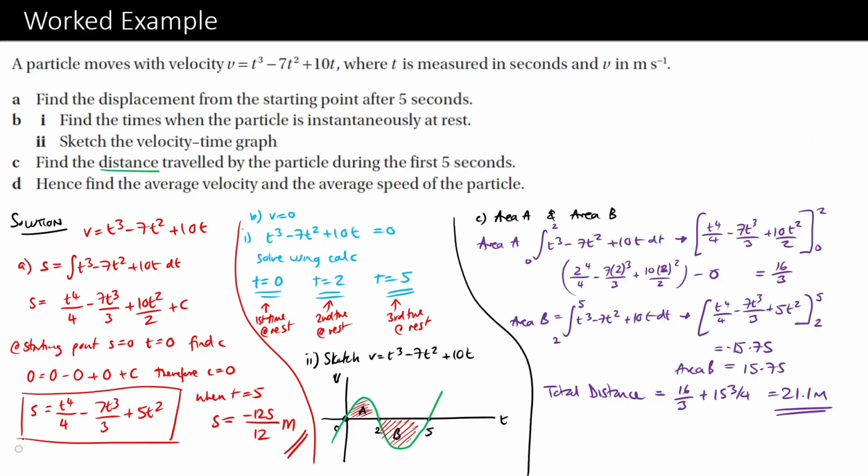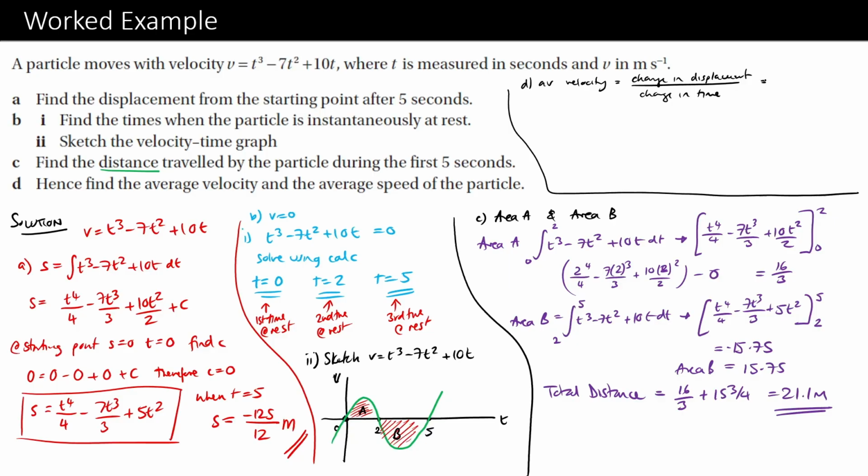For part D, the average velocity is going to be the change in displacement over the change in time, and that's going to be minus 125 over 12 over 5, which gives me an answer of minus 25 over 12 meters per second.